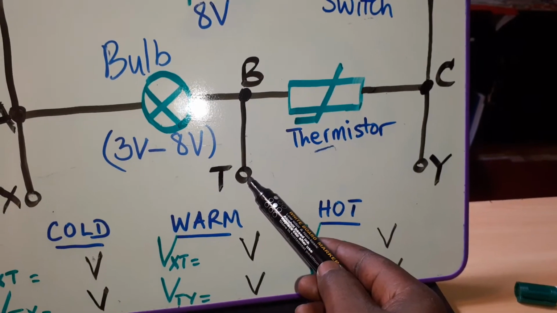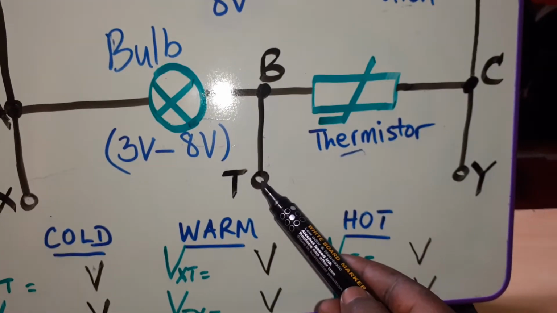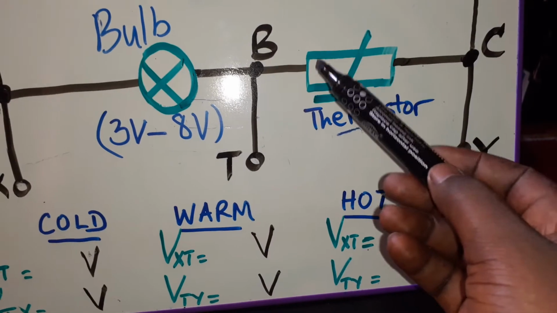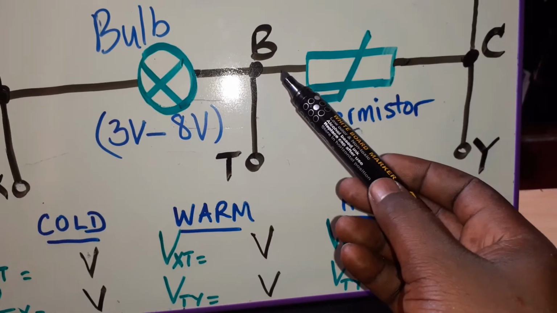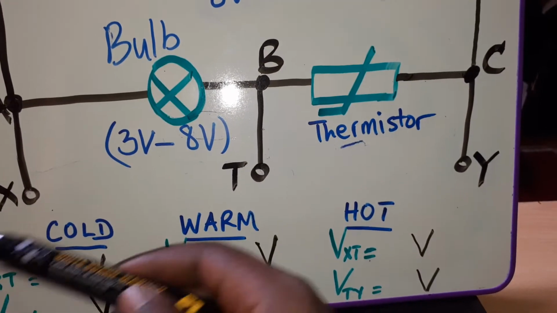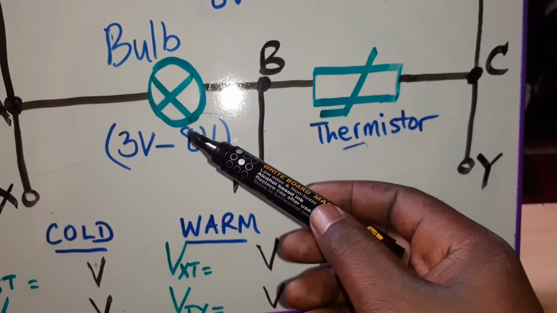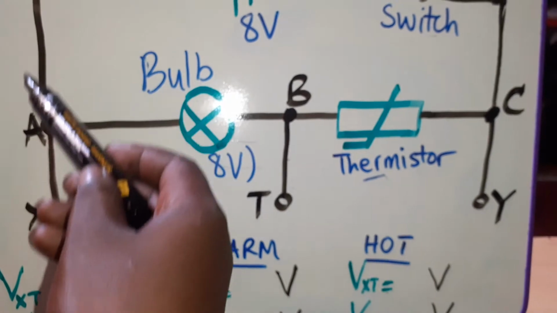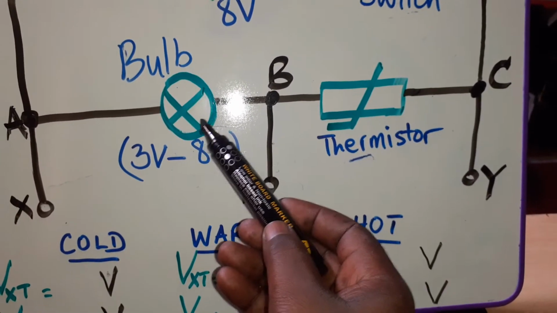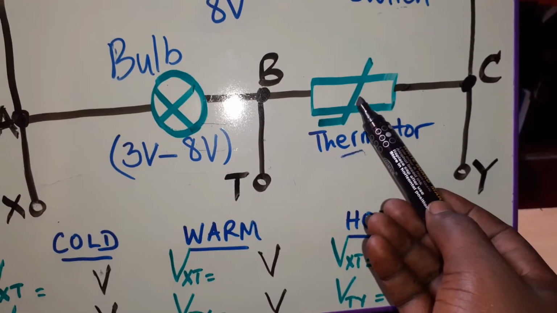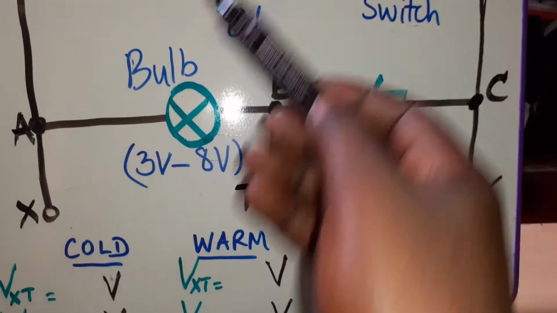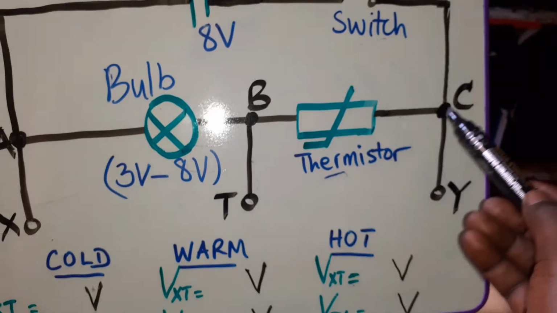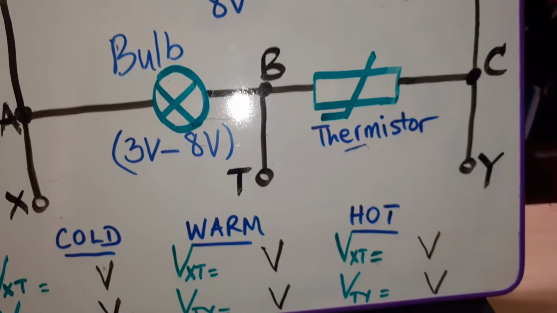We can also connect another voltmeter across TY, which will enable us to measure the voltage across BC. When the switch is on, current will flow from the cell to A, to B through the lamp, then to C through the thermistor, and back to the cell without flowing through AX or BT or CY because that circuit is not complete.